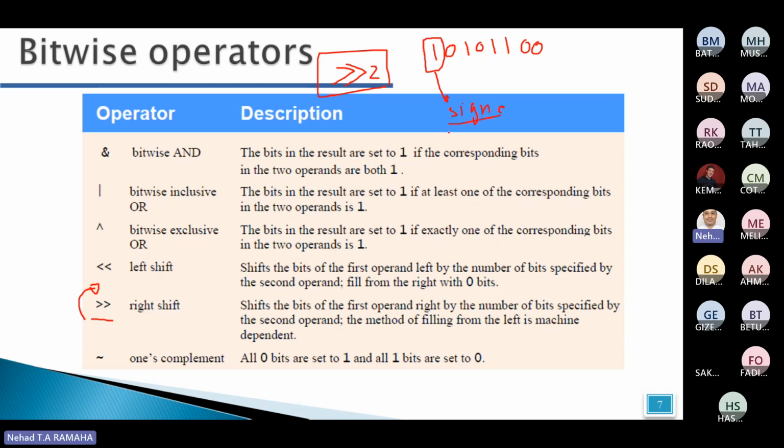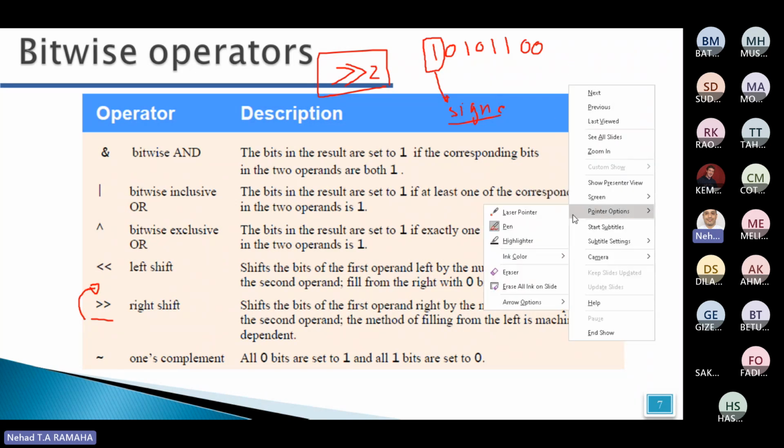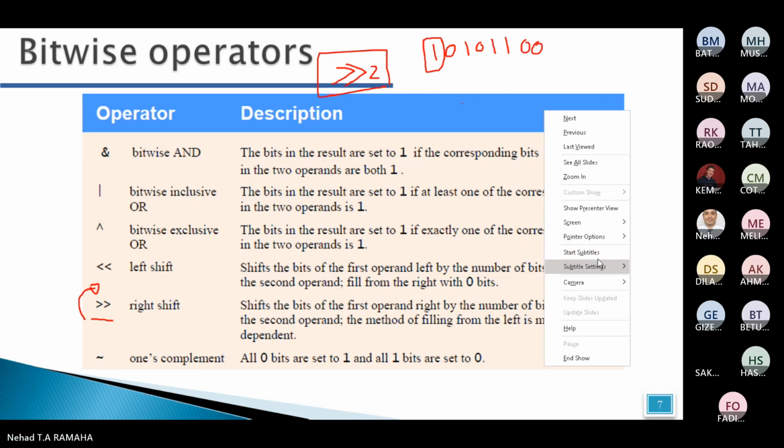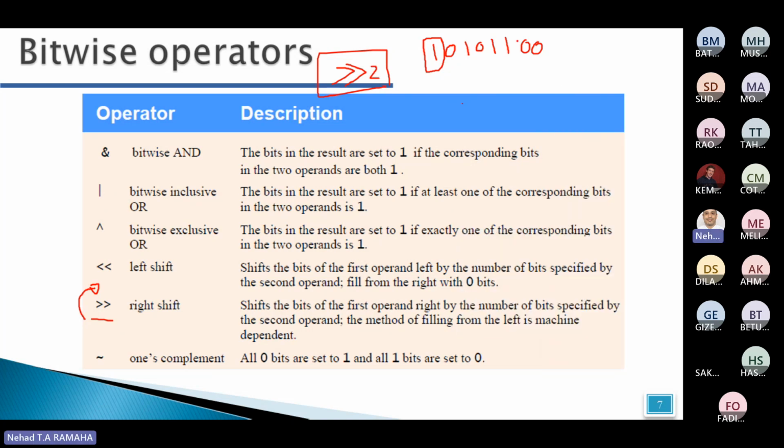So we shift and fill with the same digit as the sign. If this is a signed integer and the sign is 1, then you shift 2 digits and you fill with the same digit as the sign. So you fill by 1, 1. Why? Because the sign digit is 1.